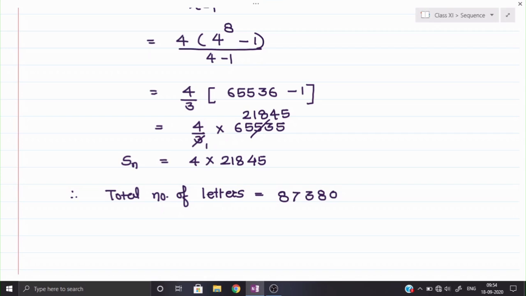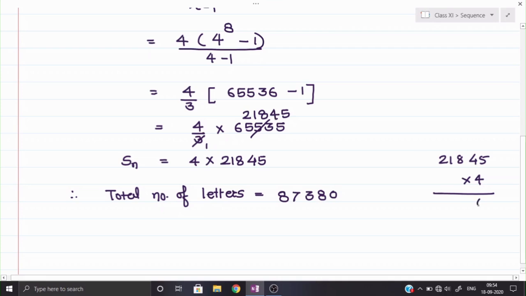Now we can check the multiplication. 5 4s are 20, I will multiply here, we will rub it afterwards. 21845 multiplied by 4, hopefully it is right. We can check 21845: 3 to the 6, carry, 3 ones are 3, remaining 2, 25, 3 8s are 24, 3 4s are 12, 3 5s are 15.